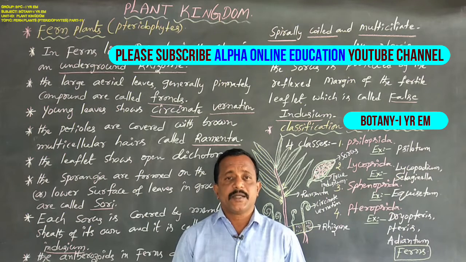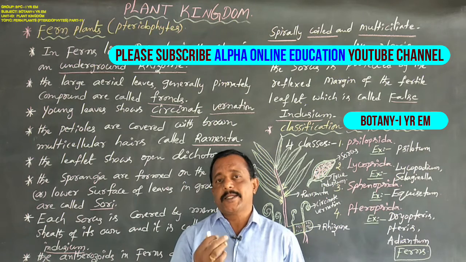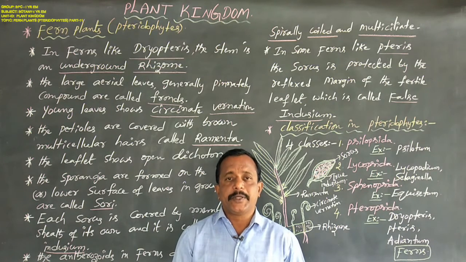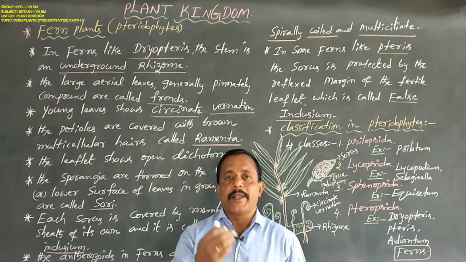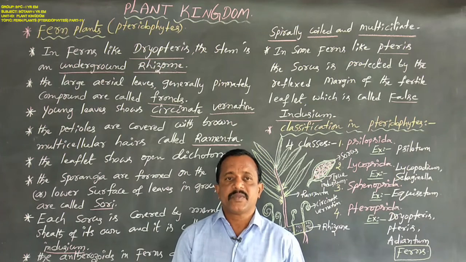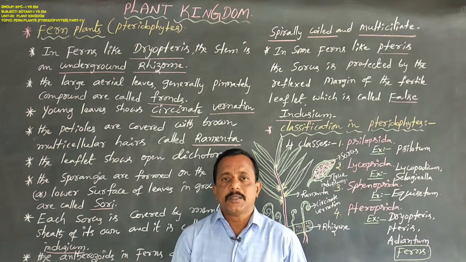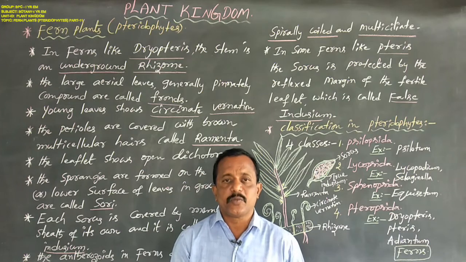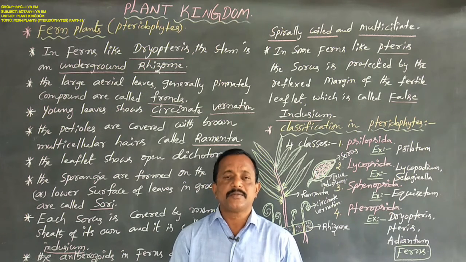In previous classes we discussed in detail the characteristics of pteridophytes, including habitat or occurrence, thallus or plant body organization, as well as reproduction. There are mainly two types of reproduction: asexual reproduction and sexual reproduction.